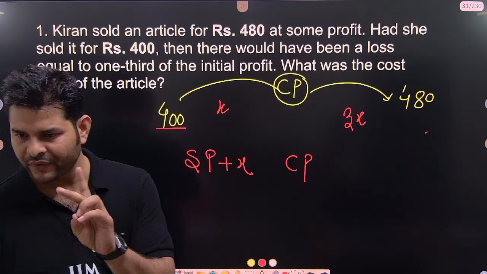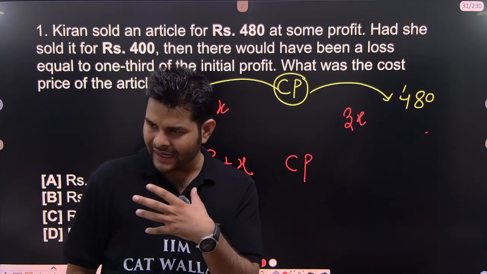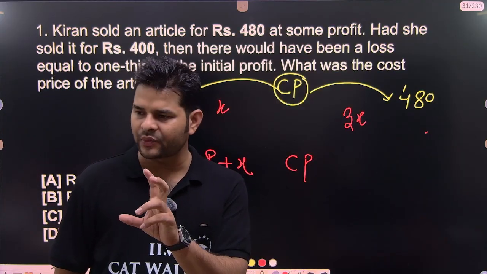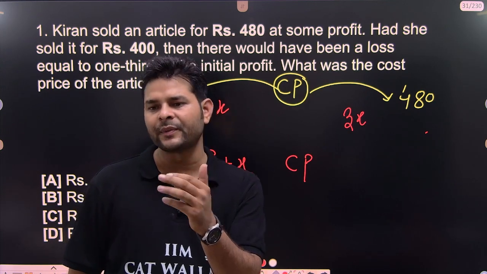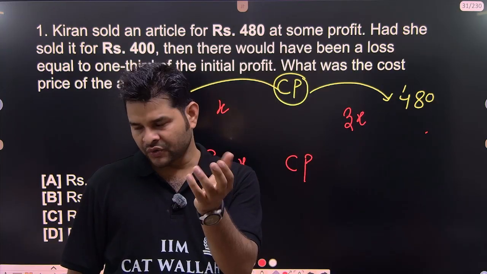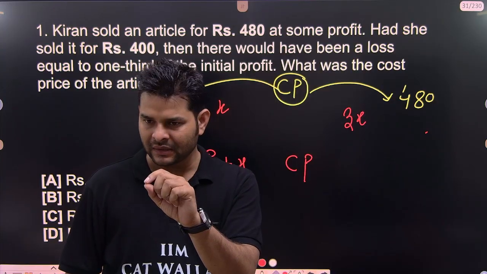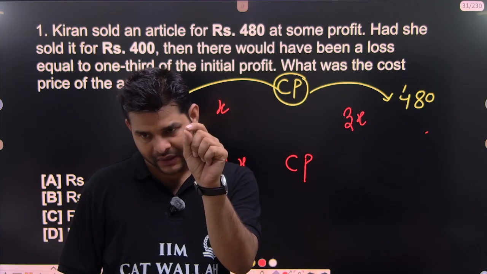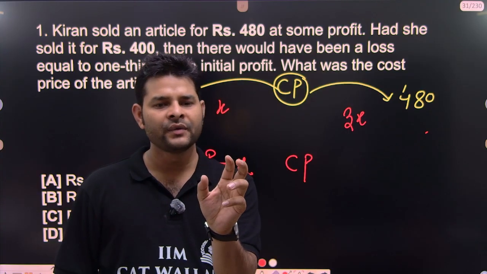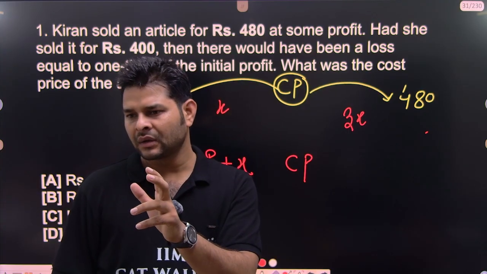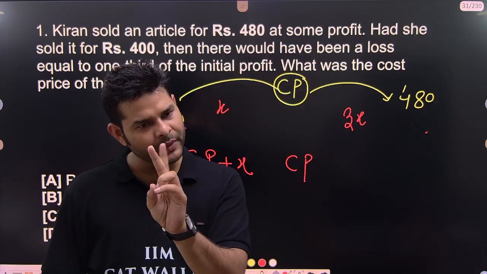There are two ways to find the CP. If I bought something that cost rupees 1000, and I sold it at rupees 1500, 1500 means what? SP. If I subtract 500 from 1500, I will get what? CP. So there are two ways to find the CP.